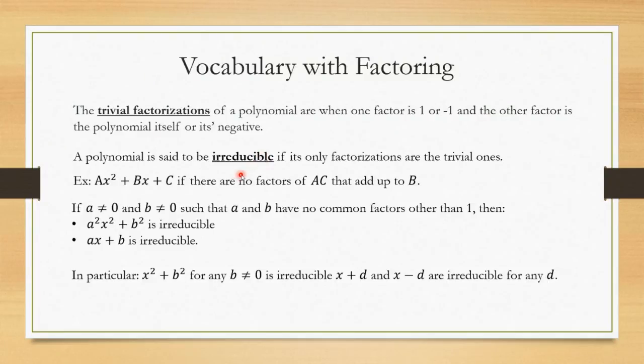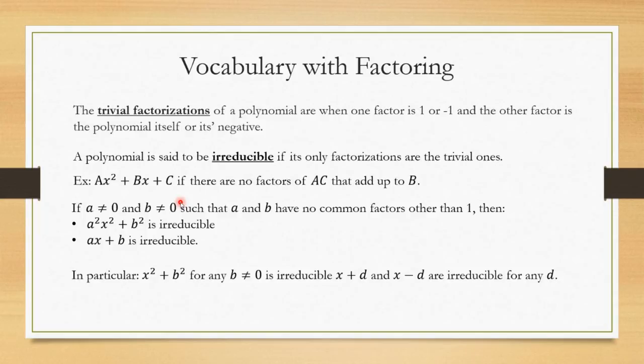And so we can actually obtain some irreducible ones. Namely, if you have a trinomial like this, and there are no integers whose product is a times c that add up to b. So if you were to try the AC method and it doesn't help you, then the polynomial is irreducible.